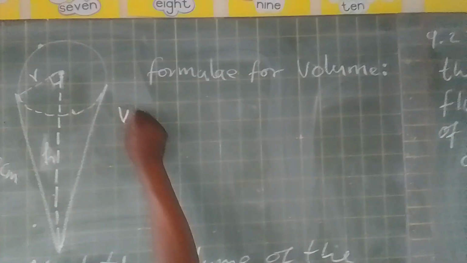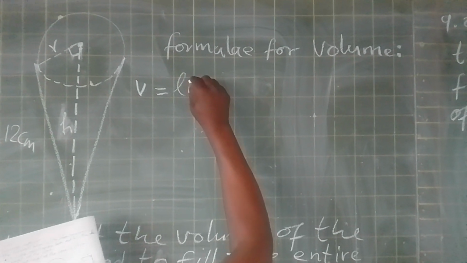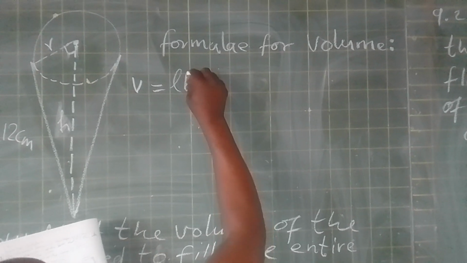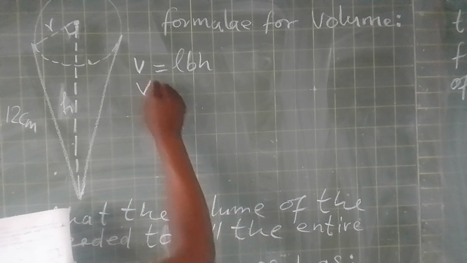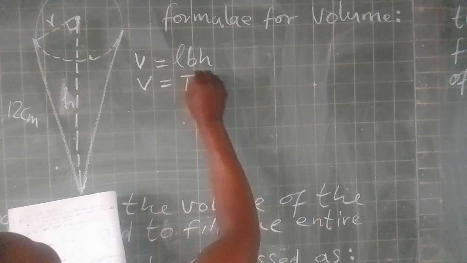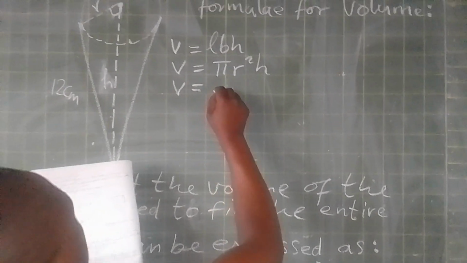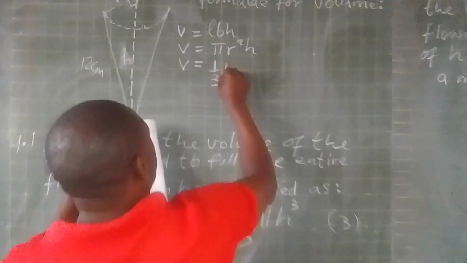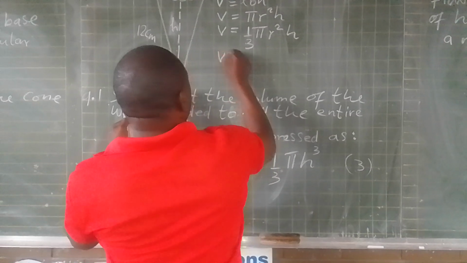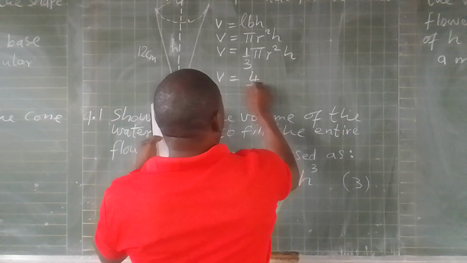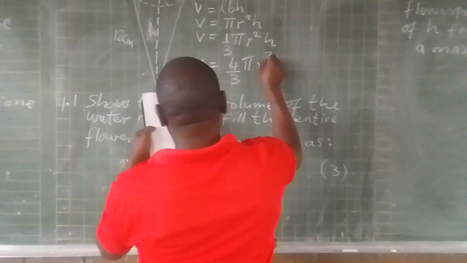We have V is equal to LBH. Another V is going to be pi R squared H. Another V is going to be 1/3 pi R squared H, and the last one is 4/3 of pi R cubed.